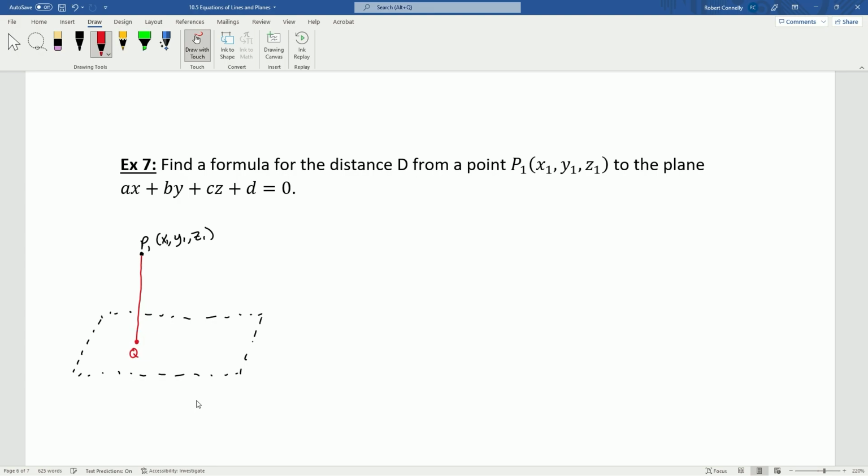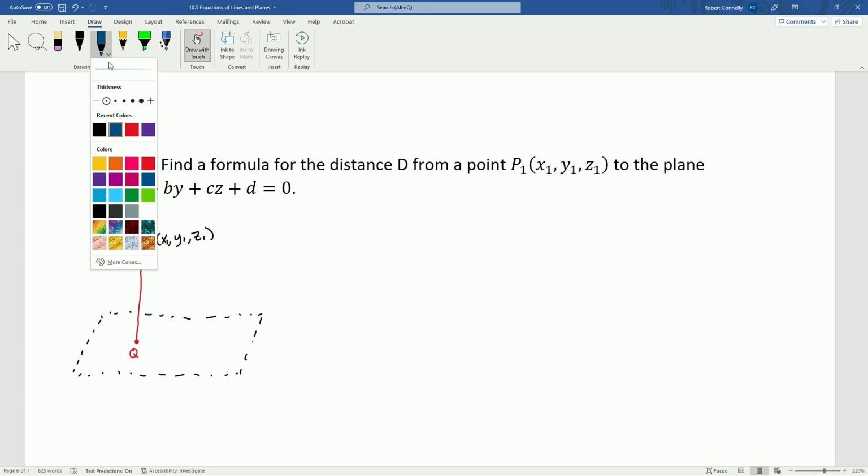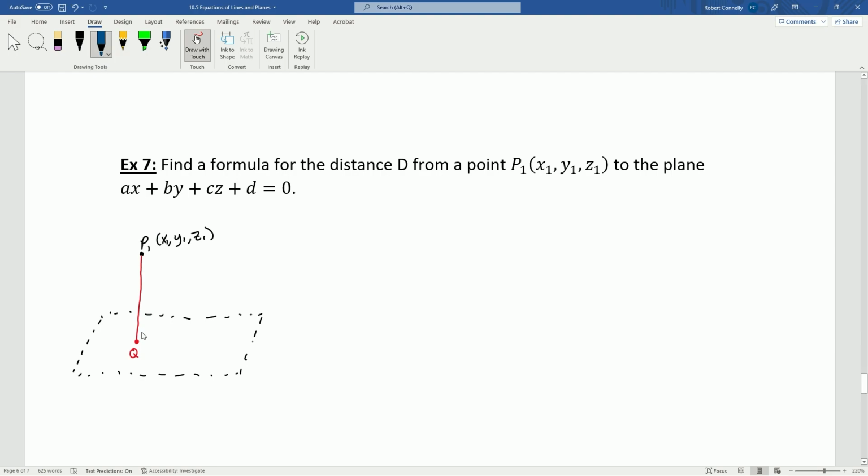We'll call this Q. But Q's not really going to help us find this. Well, first of all, we know that this plane has a normal vector, and we can consider the normal unit vector. So I'm going to call this n sub u, right? So there's some normal unit vector with length 1 here.